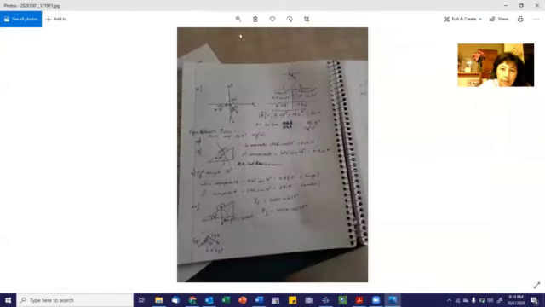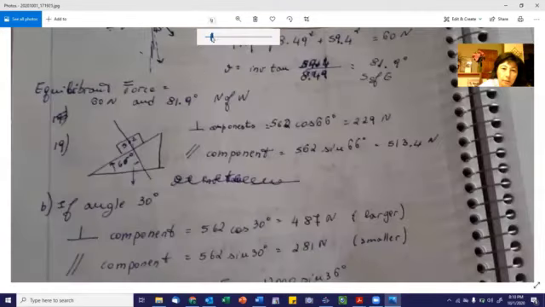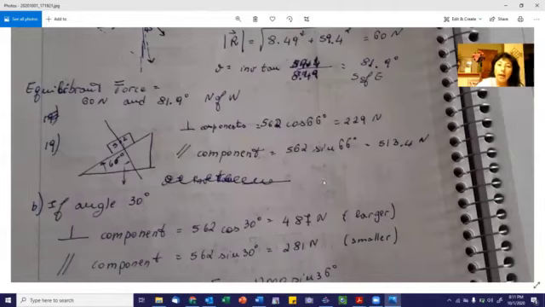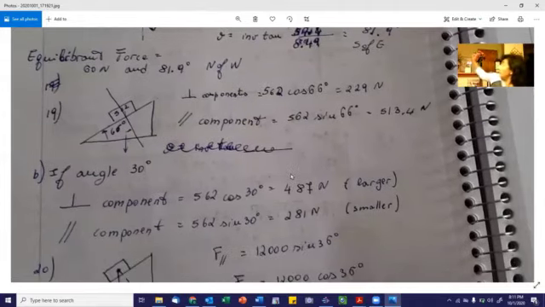Then a couple more. So this one, you still have again vectors, and so on. So you've got to solve accordingly. You have to find the magnitude and direction. And then for this one, you've got to solve with the inclined plane.